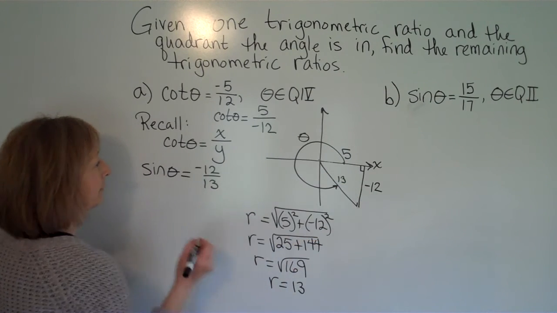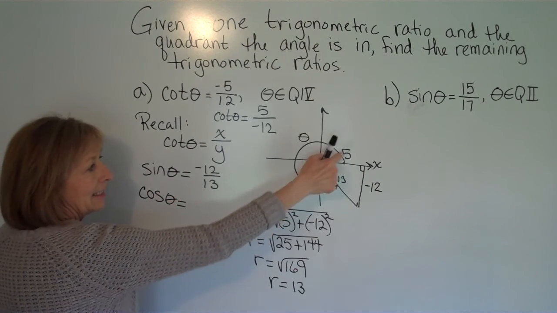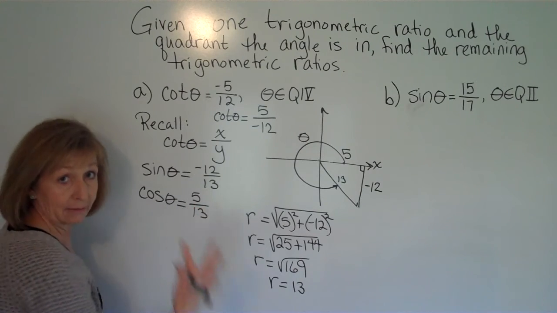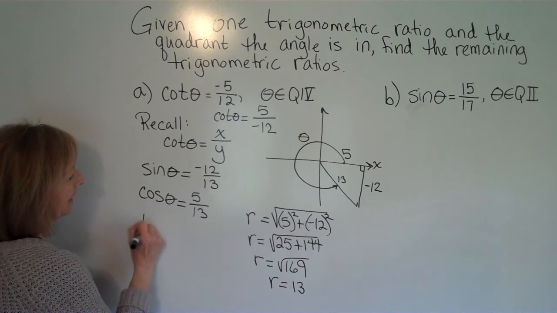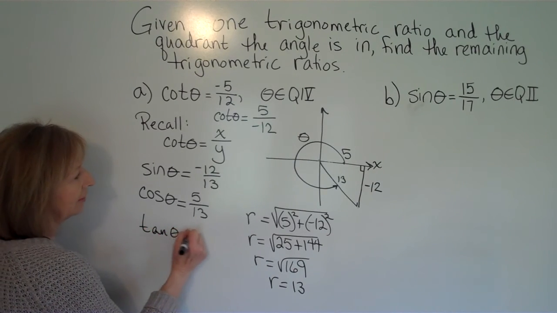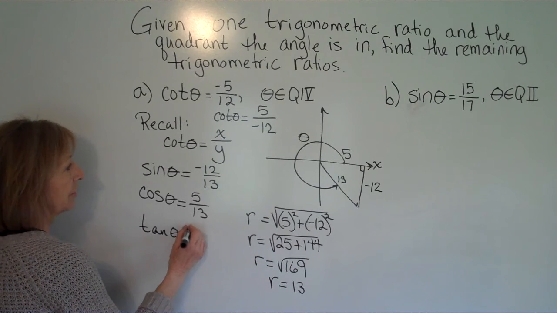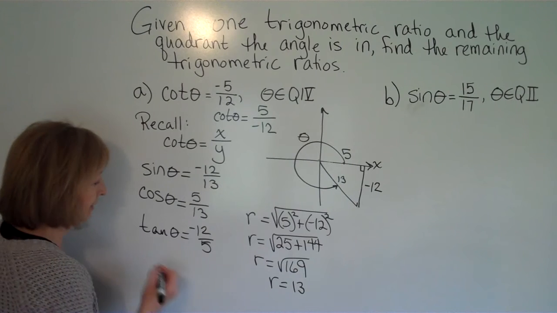The cosine of the angle is the adjacent over the hypotenuse. Another way of thinking of it is x over r. The tangent of the angle is the opposite over the adjacent, so negative 12 over 5, or y over x.